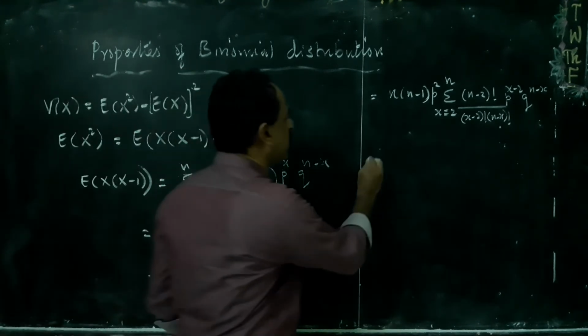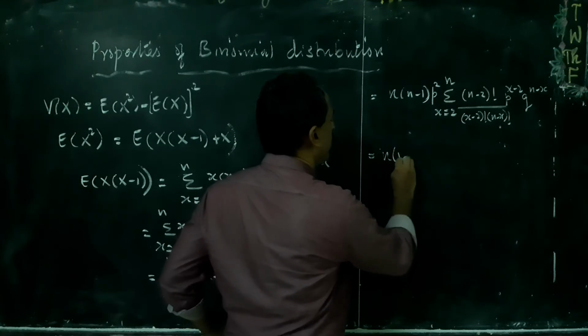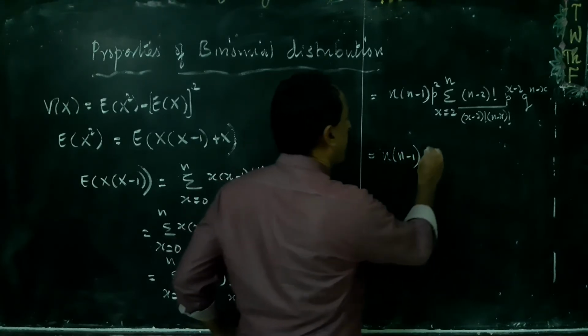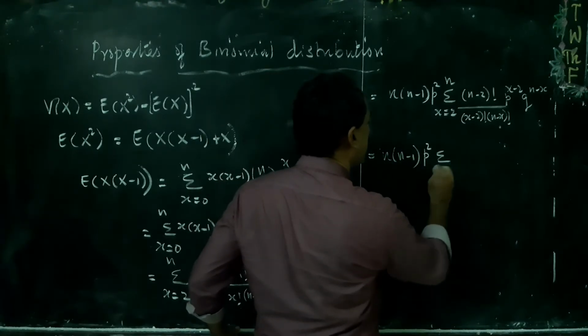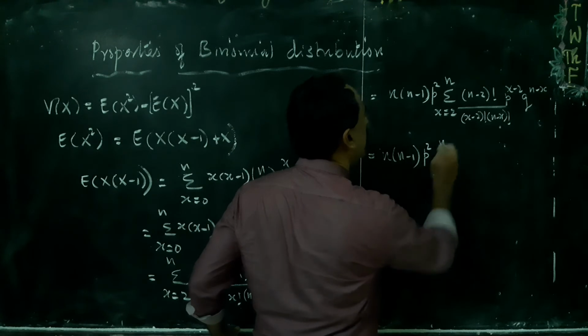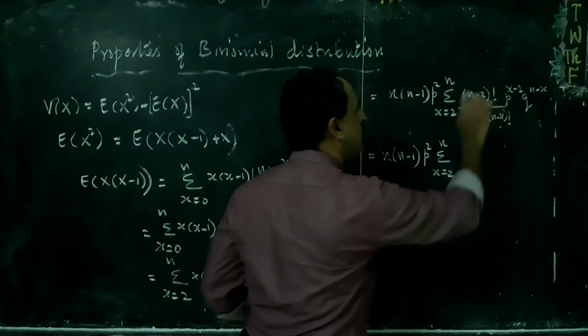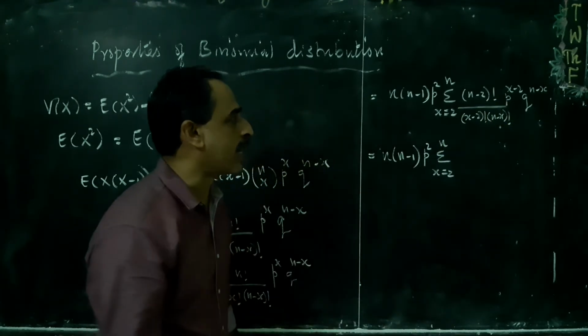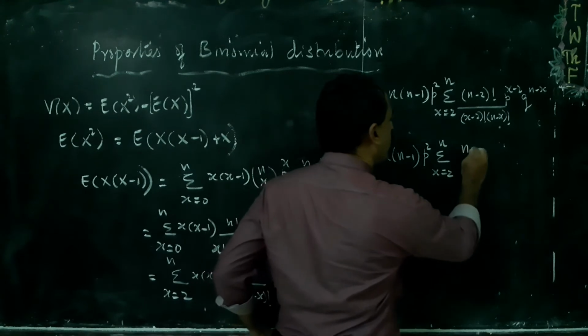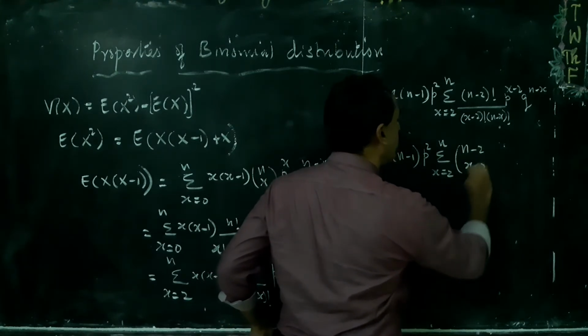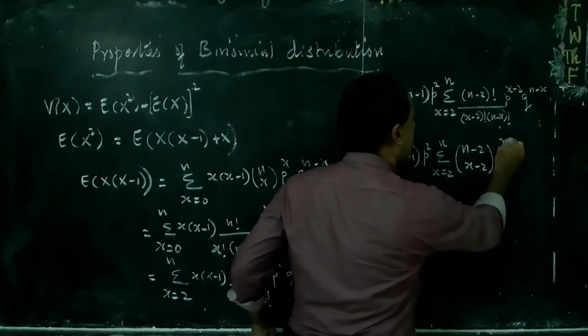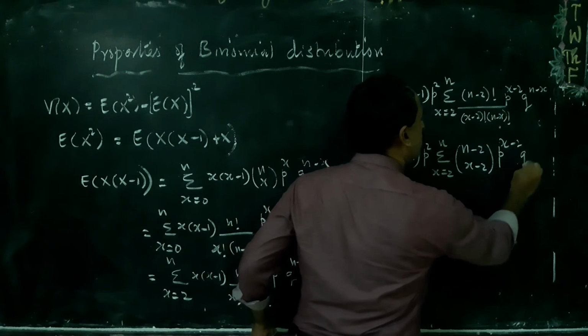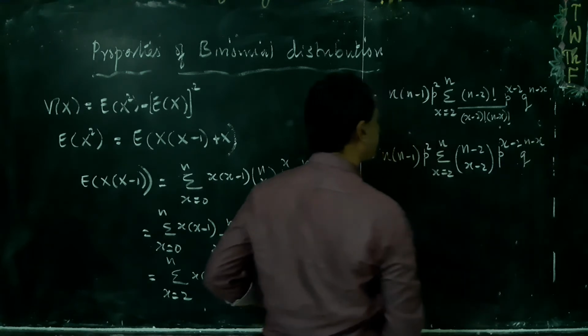Now you can see that this is equal to n into n minus 1, p square, summation x equal to 2 to n. Now all these factorials can be jointly written as n minus 2 C x minus 2, p raised to x minus 2, q raised to n minus x.